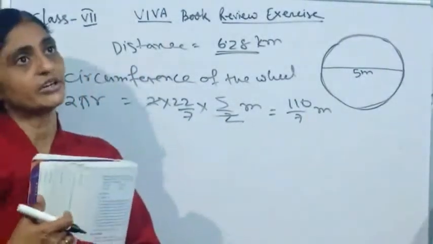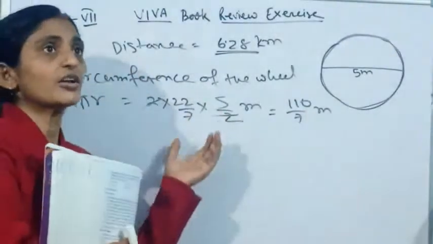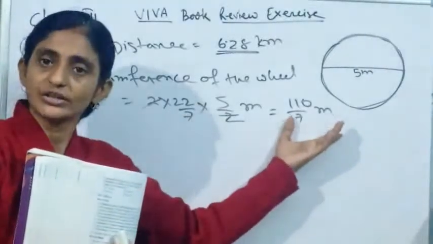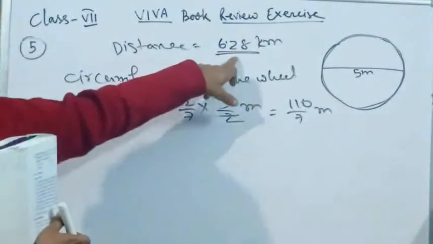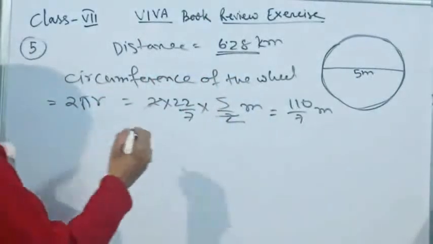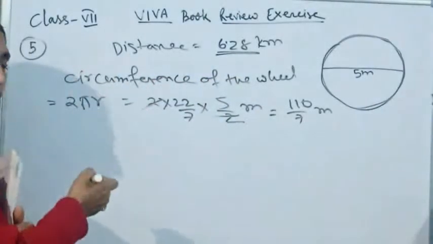Now you have the circumference, that means by one revolution you are covering that much distance. So how many revolutions do you need to cover the given distance? Yes. So here let's go for the unitary method only.